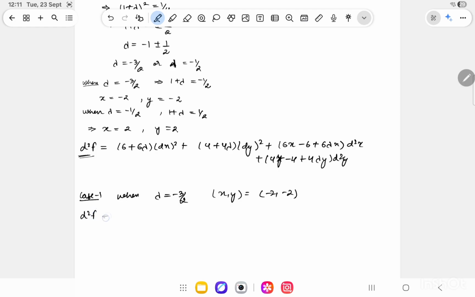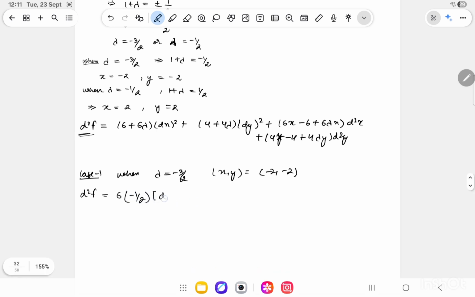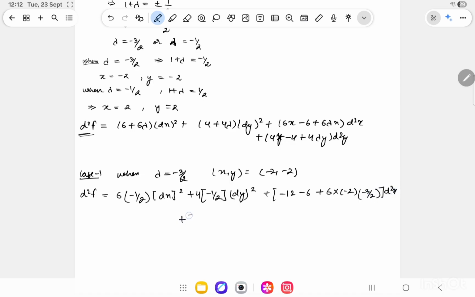So d square f will be 6 into 1 plus lambda, that is 6 into minus 1 by 2, into dx square plus 4 into 1 plus lambda, that is 4 into minus 1 by 2, into dy square plus 6x, that is minus 12, minus 6 plus 6 into lambda, that is minus 3 by 2, into d square x plus 4 into y, that is minus 2, minus 4 plus 4 into lambda, that is minus 3 by 2, into y. So that is d square y.